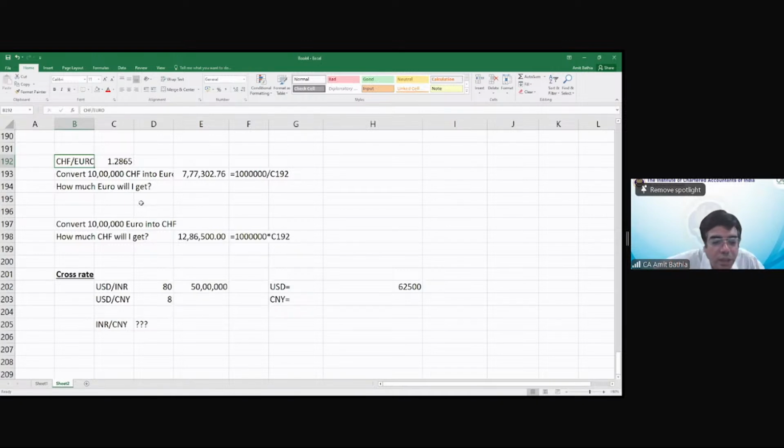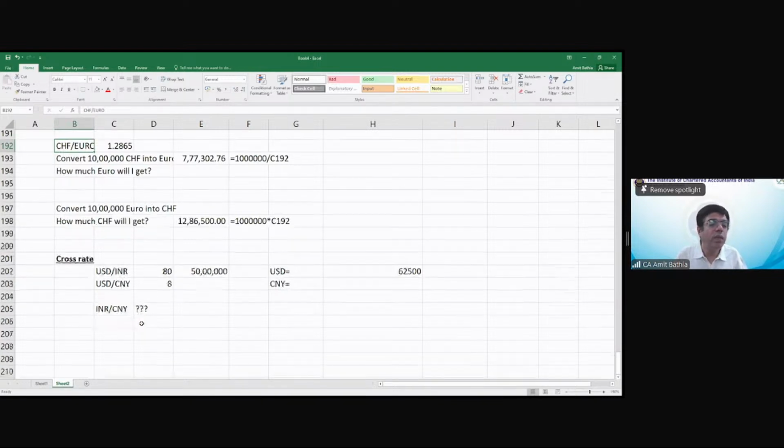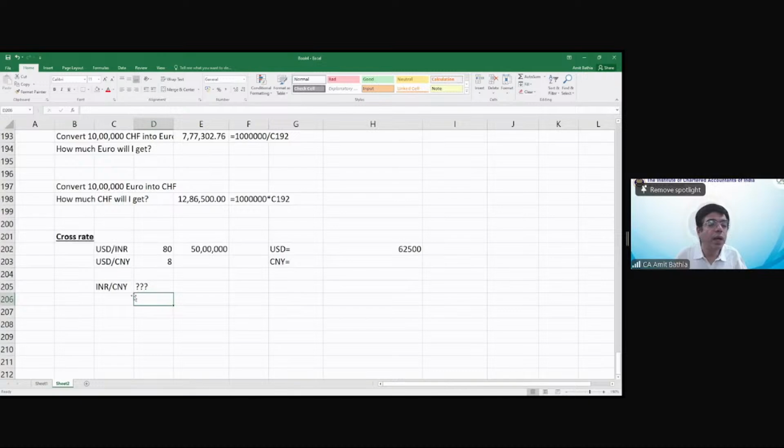USD से CNY आ रहे हैं. So will this principle be applicable over here? And if not, why? In the cross rate, I guess this principle will not be applicable because we need INR divided by CNY. Yes. Even with a simple calculation, what I want is INR over here. Pay attention, please. You have USD upon INR, and I want INR to CNY for the rate and for the amount.